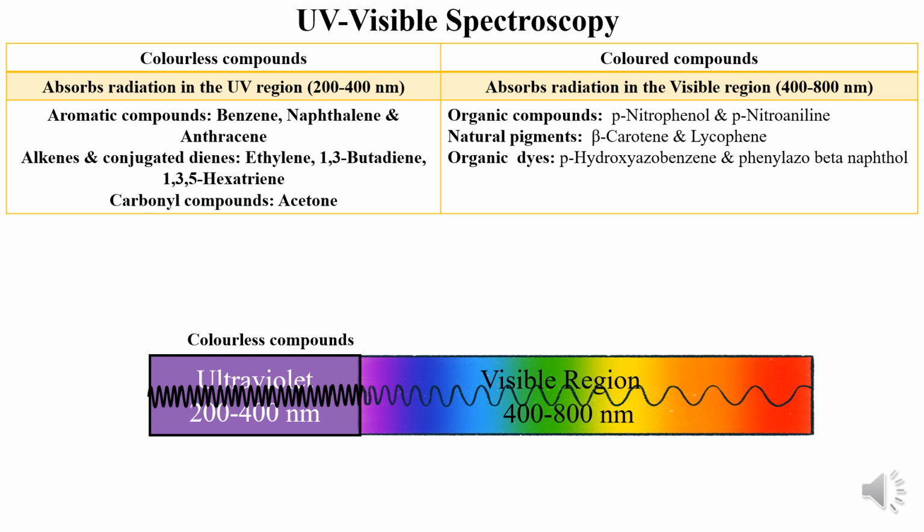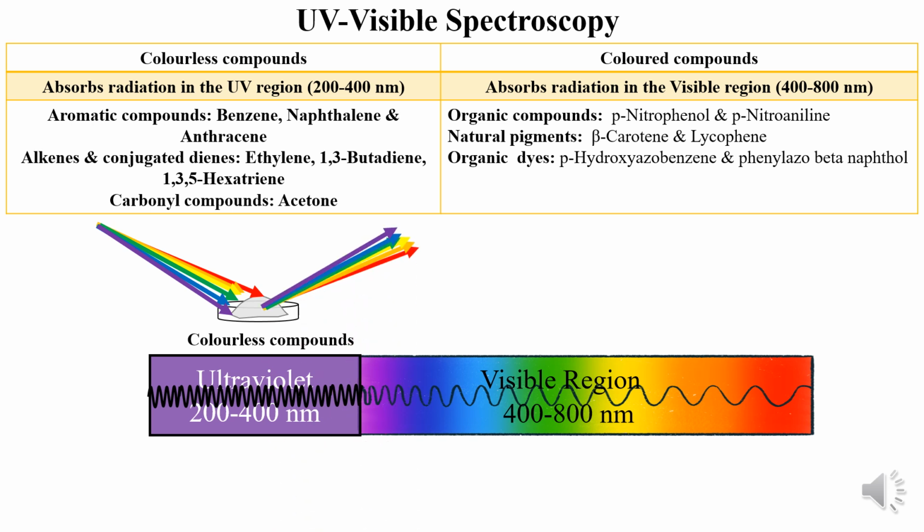Now, why are compounds colorless or white? Because compounds that are colorless or white do not absorb the visible radiation. The entire wavelengths striking the colorless compound are reflected back unabsorbed.